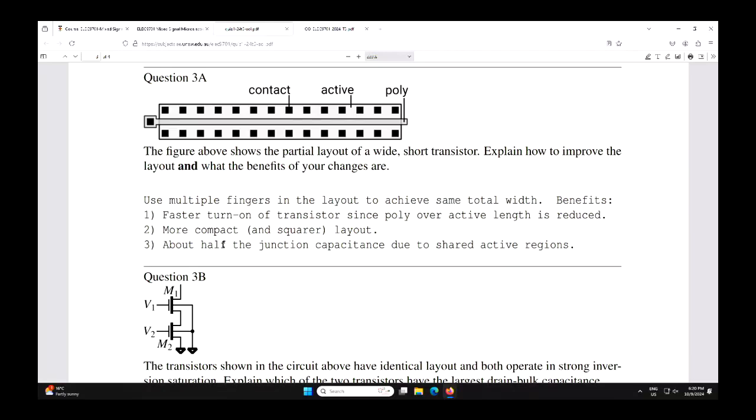Is there any reason why we don't put contacts in there? You're not allowed. I haven't seen any technology where you can actually put a contact on the gate on top of the transistor. It's typically because you upset the delicate MOS structure with the processing.